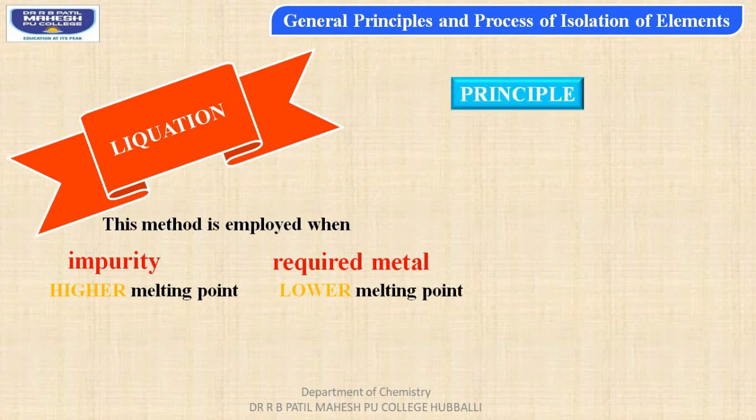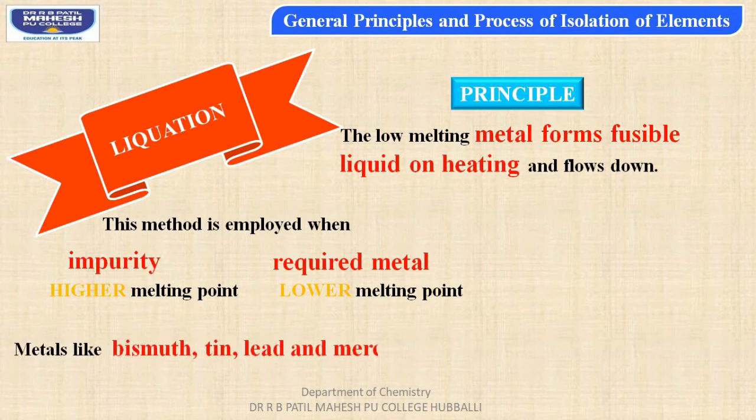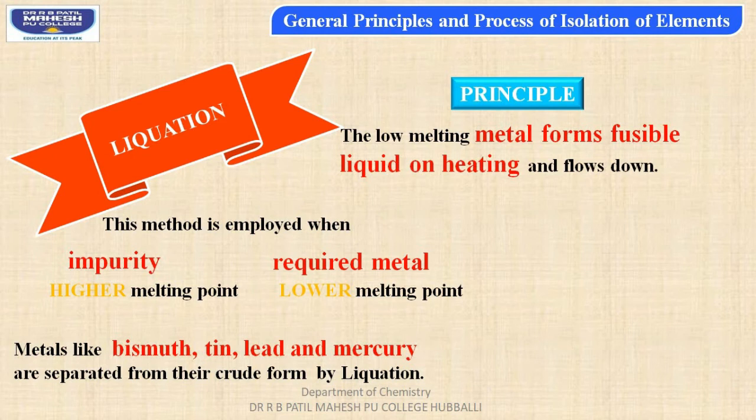Let us understand the principle involved in liquefaction. The low melting metals form a fusible liquid on heating and flow down. For example, students, metals like bismuth, tin, lead and mercury are separated from their crude form by means of the liquefaction method.